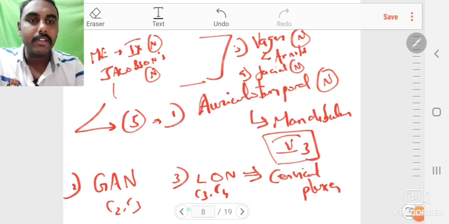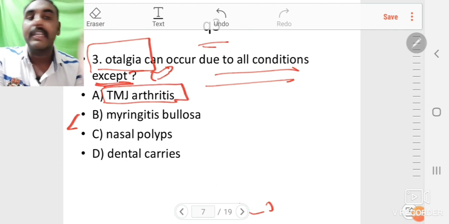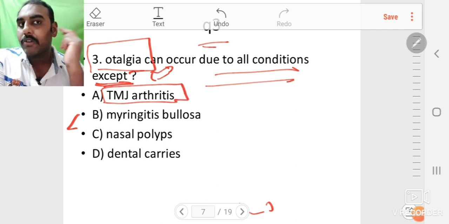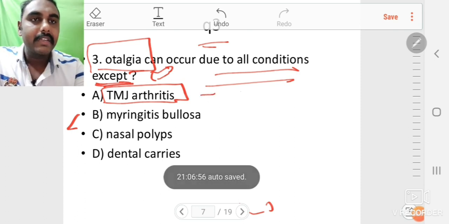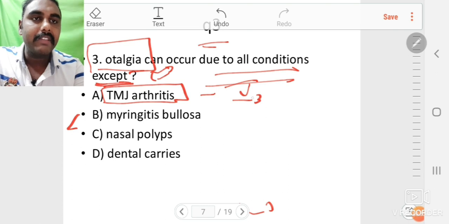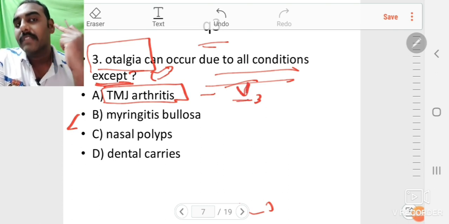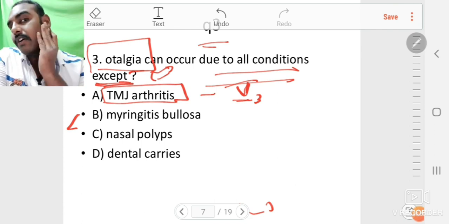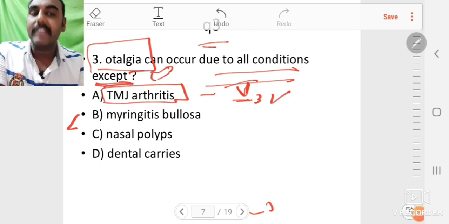Clear? So coming on to the options now, TMJ arthritis. The temporomandibular joint is supplied by which nerve? This area is supplied by the mandibular division of the trigeminal nerve, right? The TMJ, or somewhere in this area, the jaw, everything is supplied by the mandibular division of the trigeminal nerve.